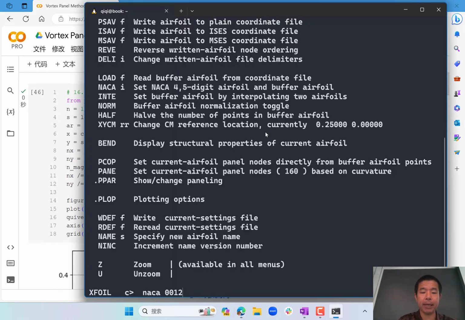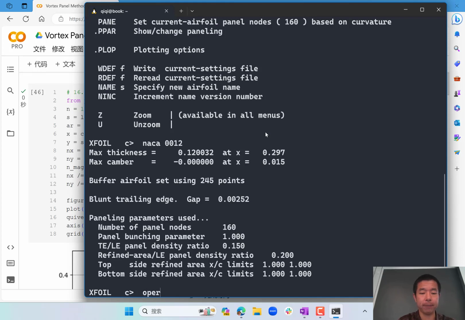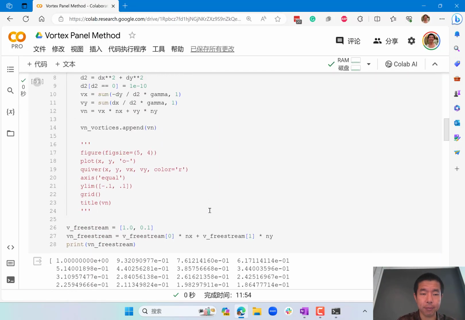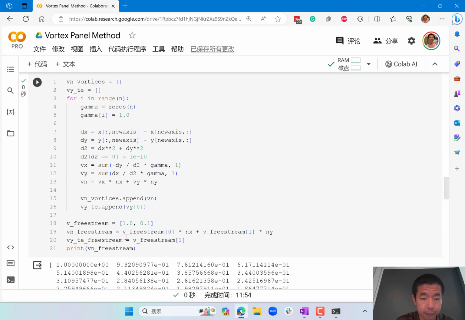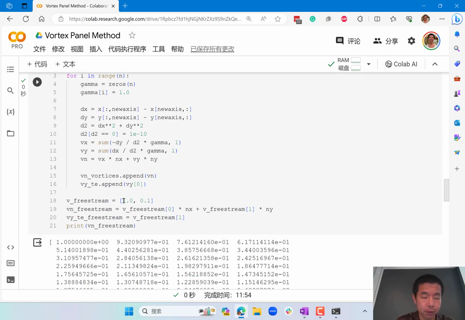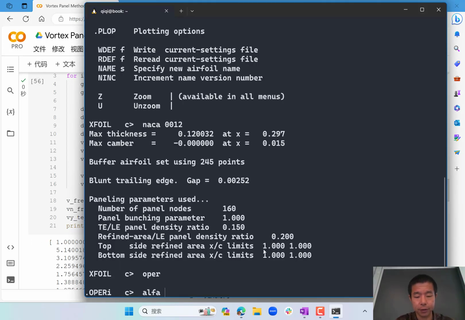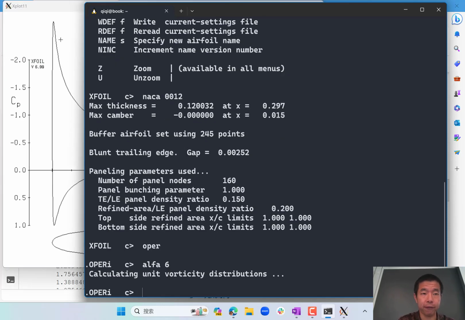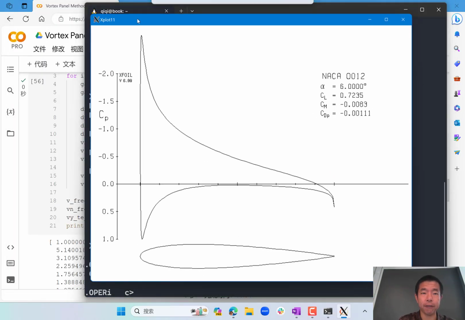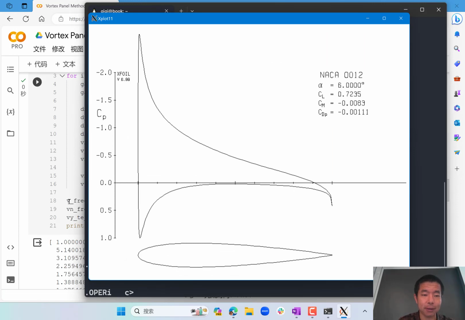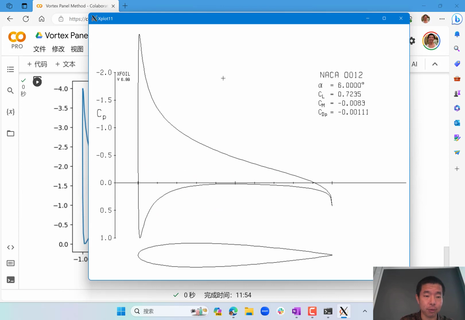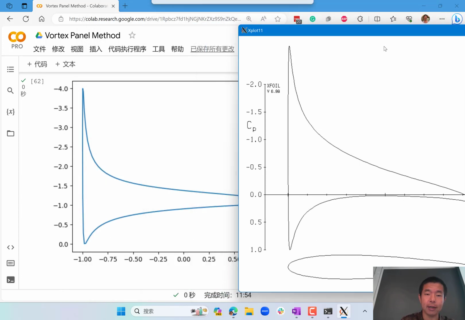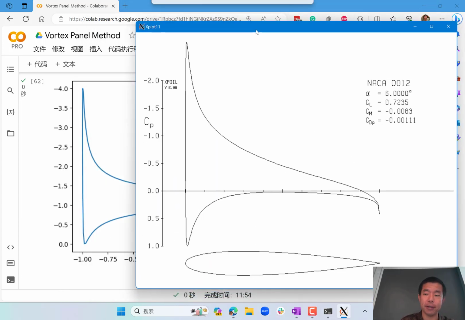So we make a symmetrical airfoil of 12%, and the angle of attack is such that my free stream is 0.1 over 1, so it's 0.1 radian, which is roughly 6 degrees. So if I do a calculation at 6 degrees alpha, of course the geometry is different, but what you see is a pressure distribution that's quite similar to what we calculated over here, right?